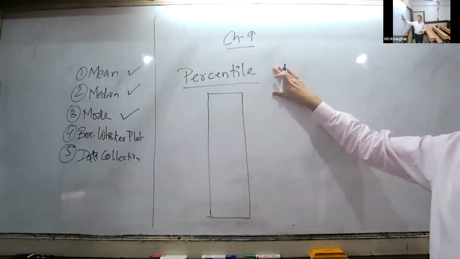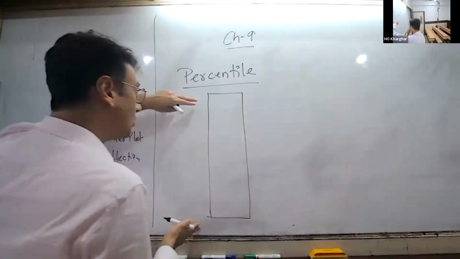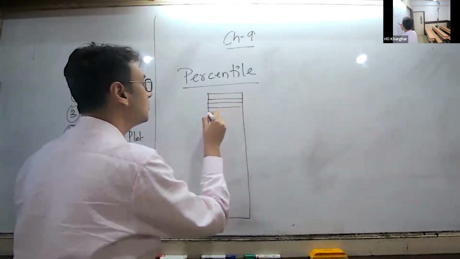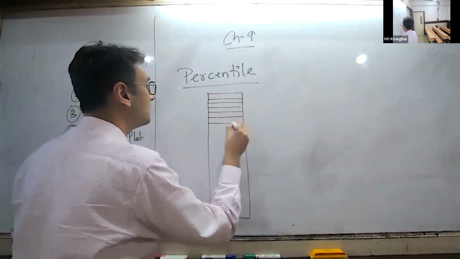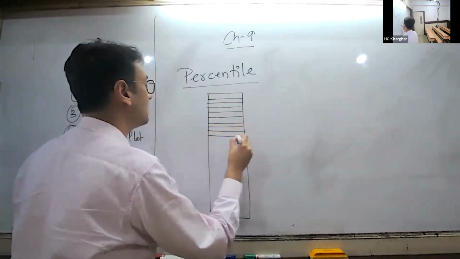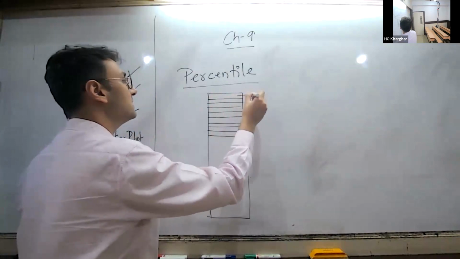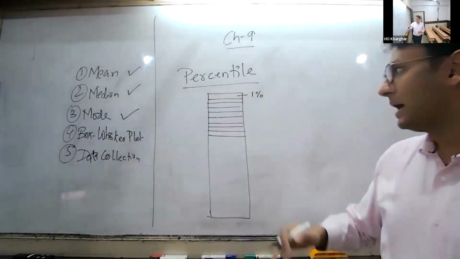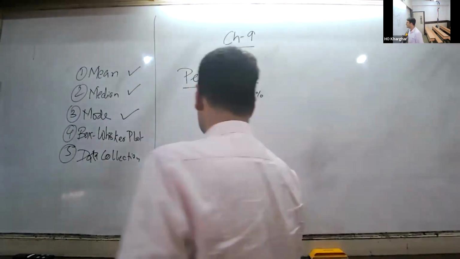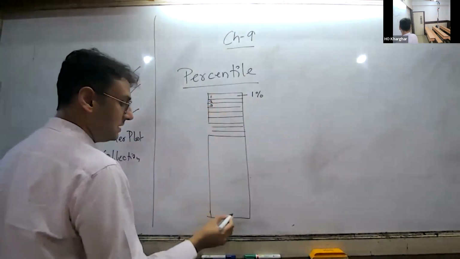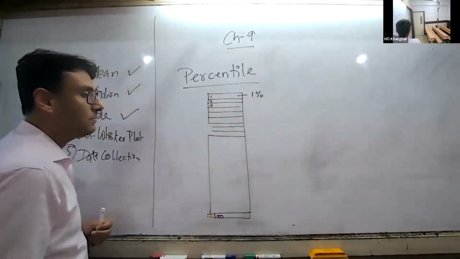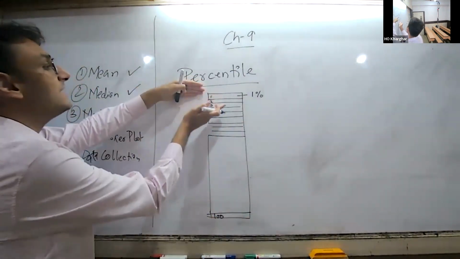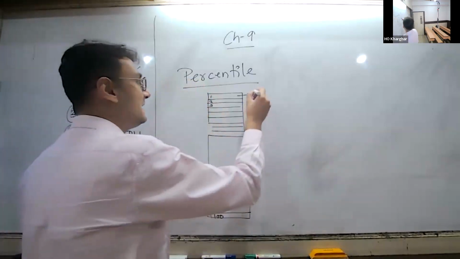The concept of percentile says that in this total, you divide it into 100 equal parts, where each part represents 1% of the data. Let's say this is first, second, third, and similarly this is the 100th part. I've divided this entire population into 100 equal parts, where each part contains 1% of the population.